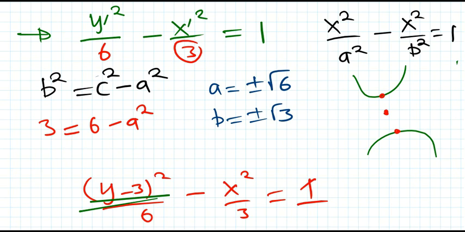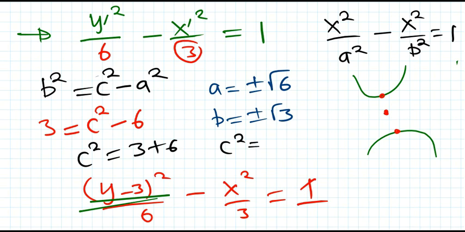So b squared is 3, a squared is 6, so c squared is going to be 3 plus 6, which will give us c squared equal to 9, and then c itself is going to be plus or minus 3.